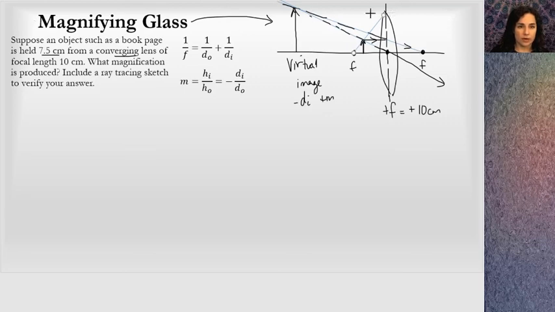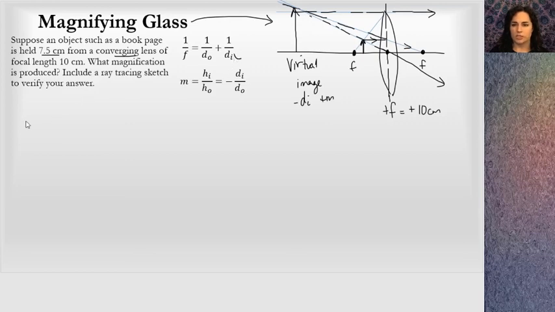So it's hitting right about here, and I can see when I extend it backward, it's not perfect. You won't always get this perfect, but the image where they converge is going to be about in the same area. So that light ray would go off in this direction, not converge with these, but I can extend it behind the lens.